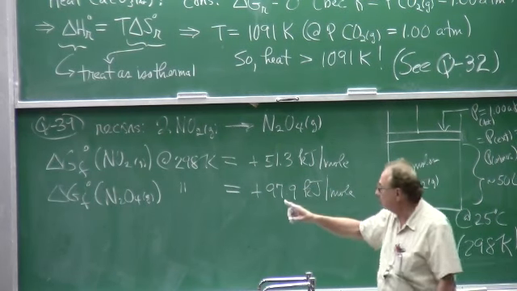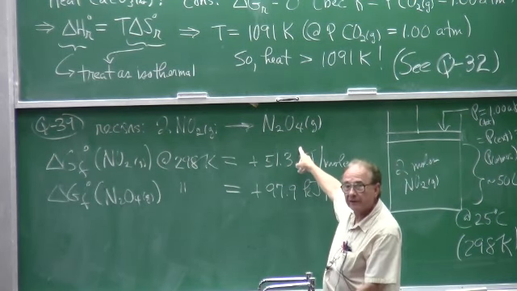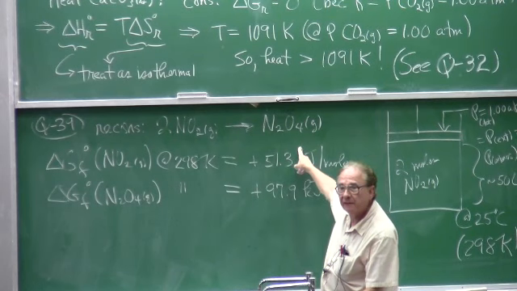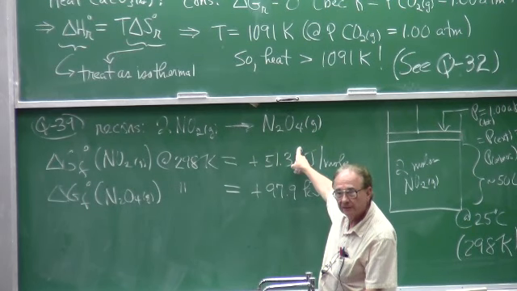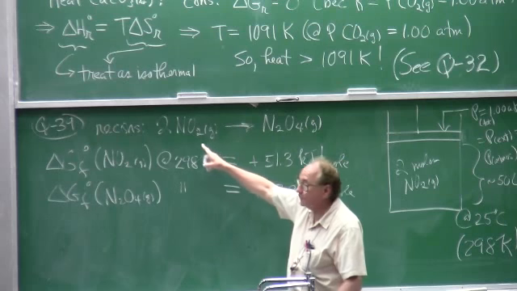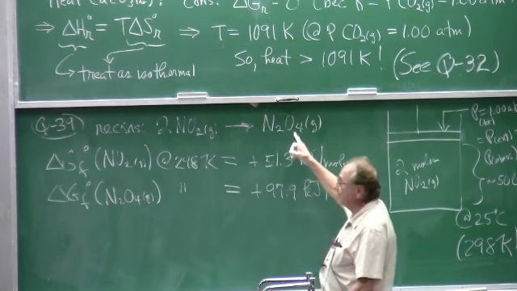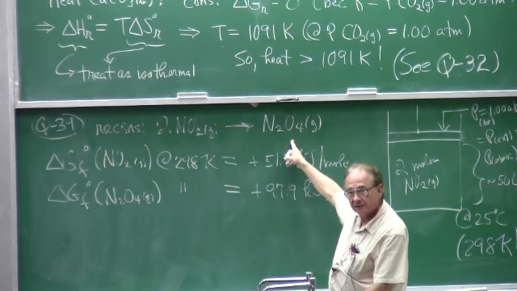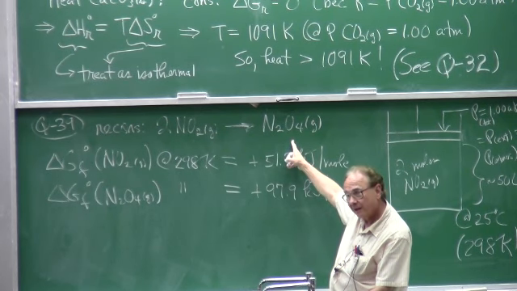Does that tell you that the bond-making part is more important than the entropy part? Because you know the entropy part is for this, and the bond-making part is for this. You following me?